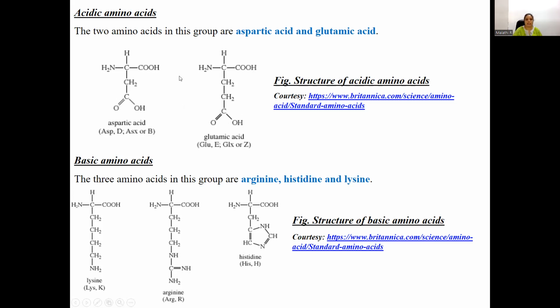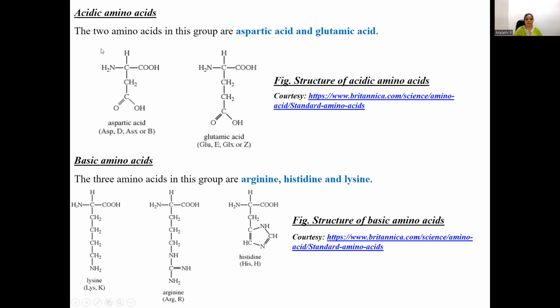The only difference is in the R group: aspartic acid has only one CH2 and one acid, whereas glutamic acid has CH2, CH2, COOH. The same COOH is written as C double bond OH. Only that difference is there.